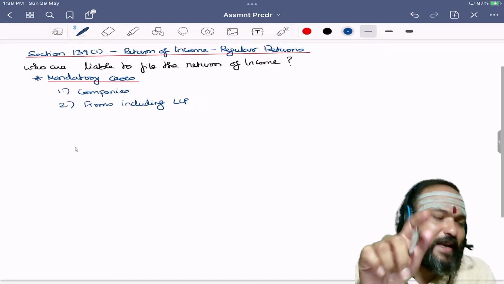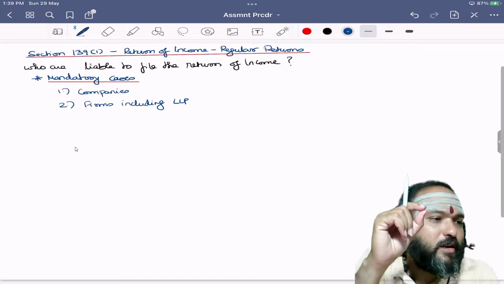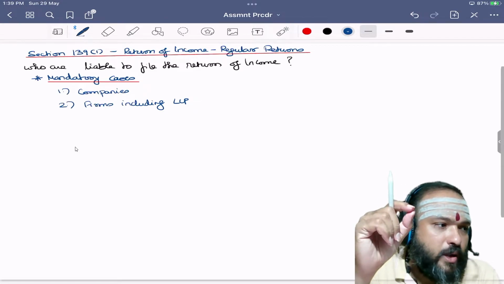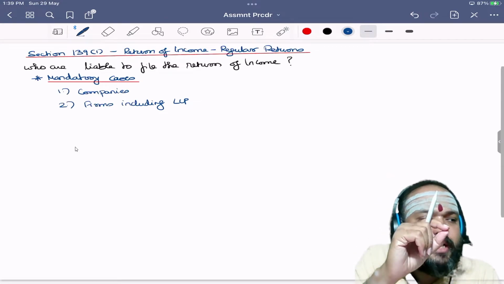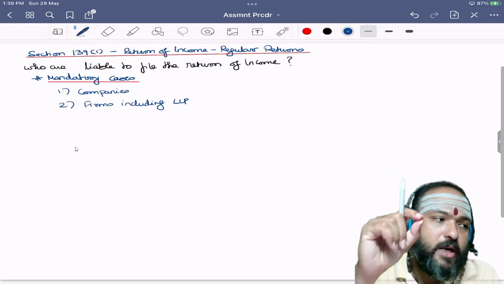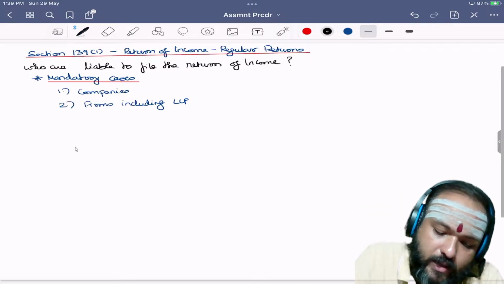So, let us take an example from the handouts that are given. Firm or company incorporated on 30th of March 2022, and the question is whether this firm or company is required to file the return of income. So what are they trying to tell?